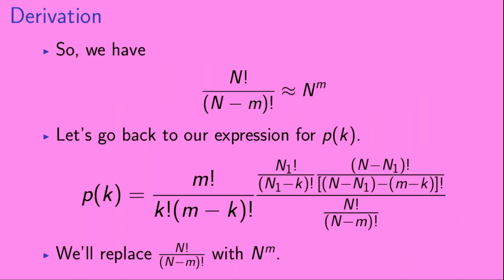Okay, so we have that n factorial over n minus m factorial is approximately equal to n to the m.